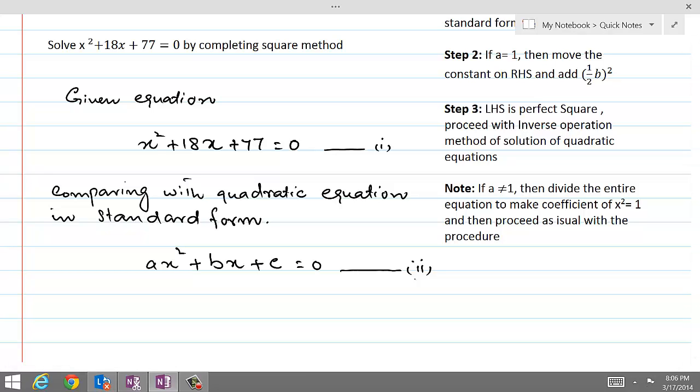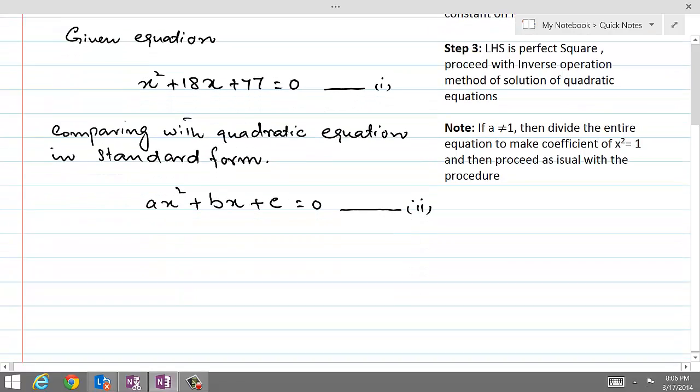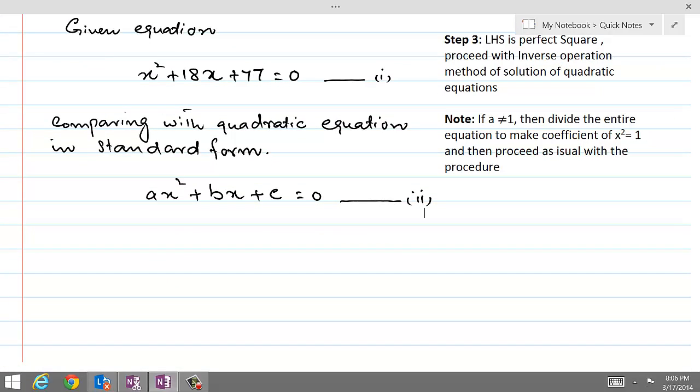By comparing the given equation with the standard form of the quadratic equation, we can find values of a, b, and c. Here, if we compare coefficients of x squared, in the given equation the coefficient of x squared is 1 if there is nothing else given.